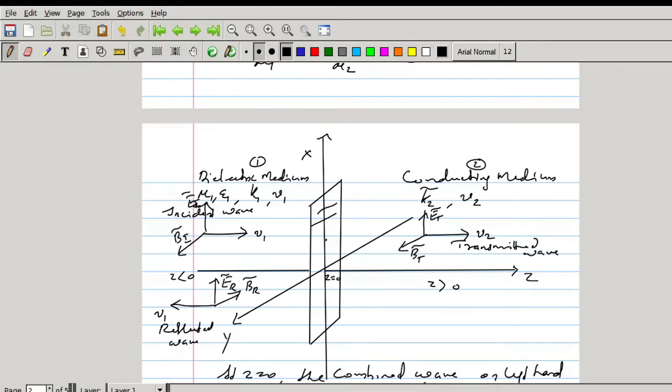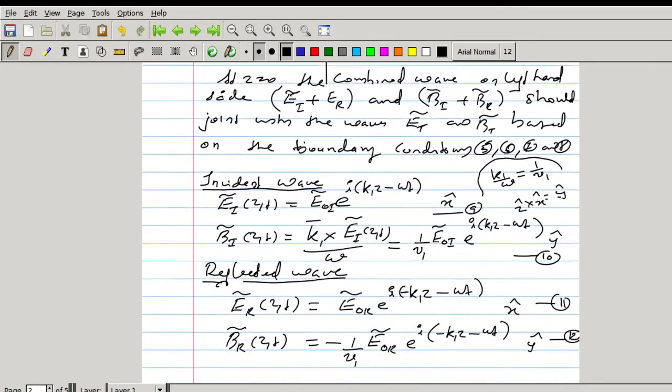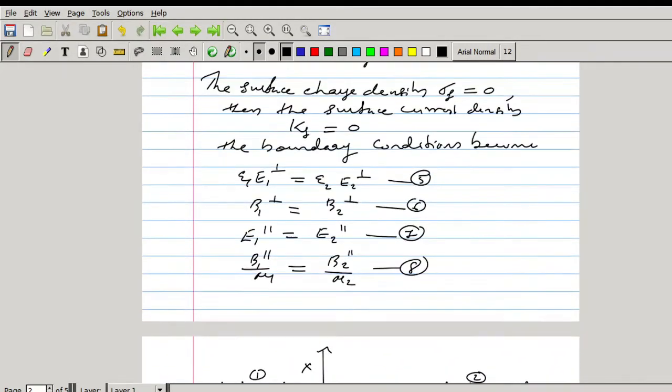It is the component perpendicular to the surface. The electric field is along x direction and our interface is the xy plane, so x direction is parallel to the xy plane. The electric field vector is along x direction and the magnetic field vector is along y direction. So the electric and magnetic field vectors are parallel to the surface, and no component of the electric or magnetic field vectors is perpendicular to the surface. So boundary conditions 1 and 2 are automatically satisfied.